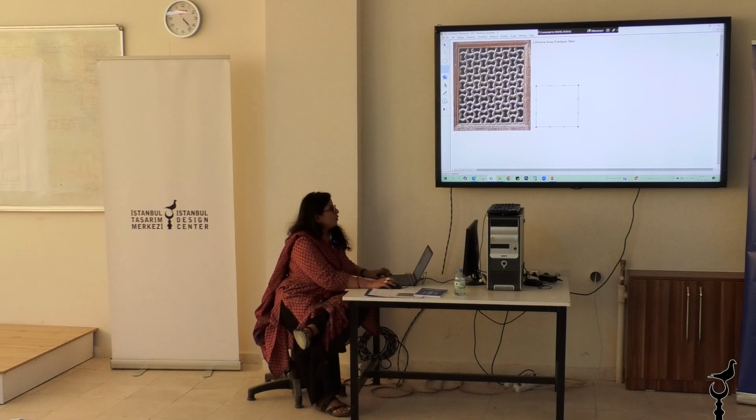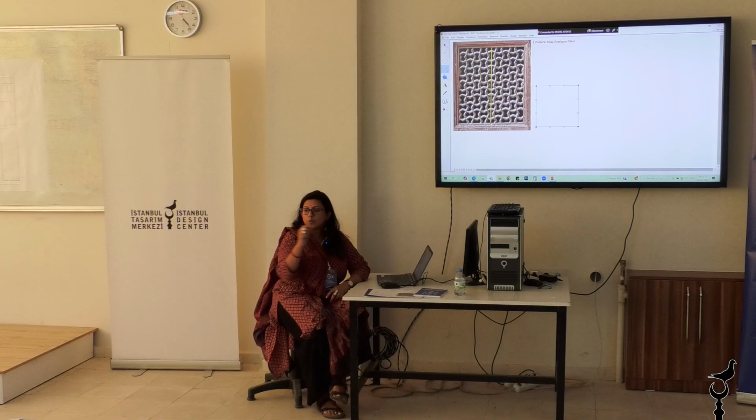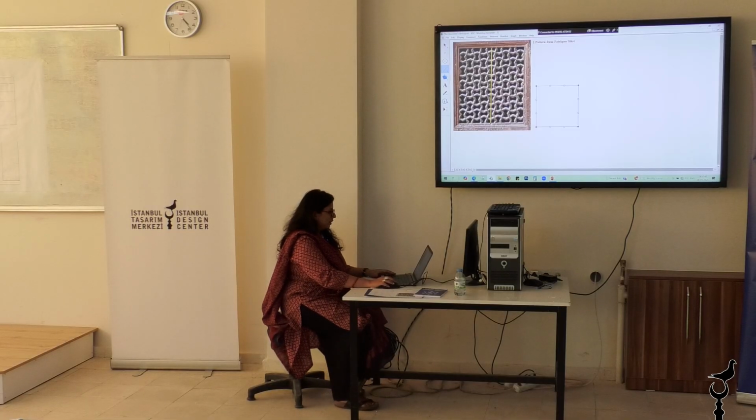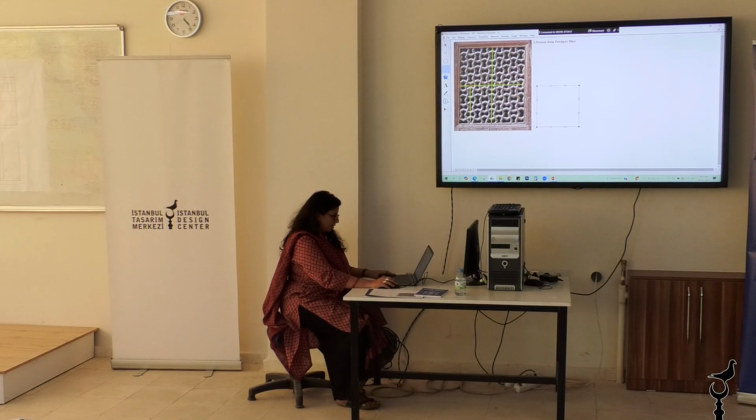Yes, of course. So if this is the pattern, the first thing I do is try to understand the symmetry line. You just have to observe. If you want, you can sketch on your sheet to do it. And this is the further symmetry. I further subdivide it for me to understand.